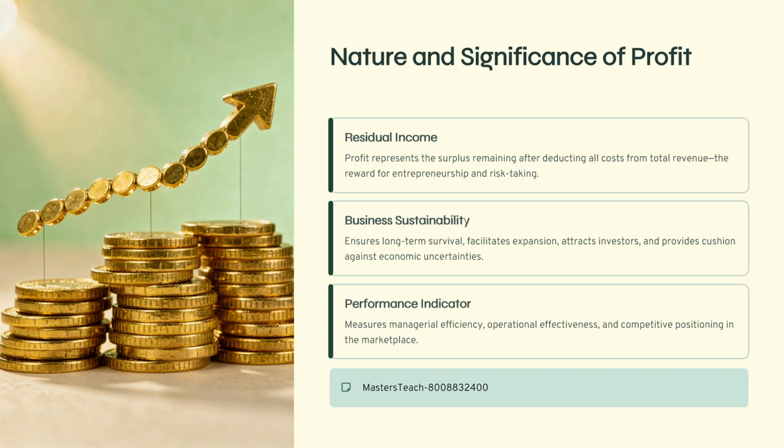Then business sustainability: in order to ensure the long-term survival of the business, to expand the business, and to attract investors, provision is made. So they'll get the profit for sustainability. Also performance indicator: the profit indicates managerial efficiency, operational effectiveness, and competitive positioning in the marketplace.